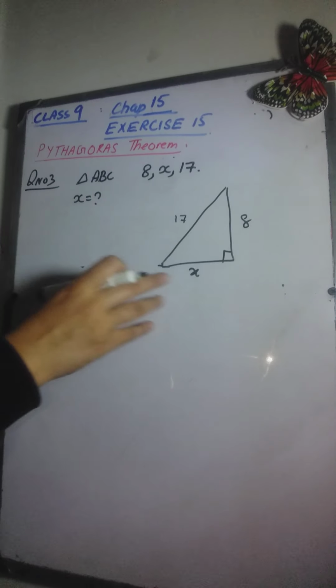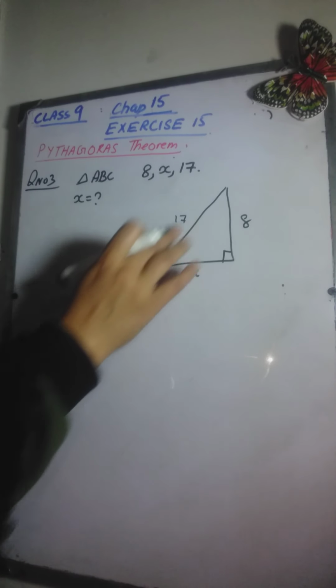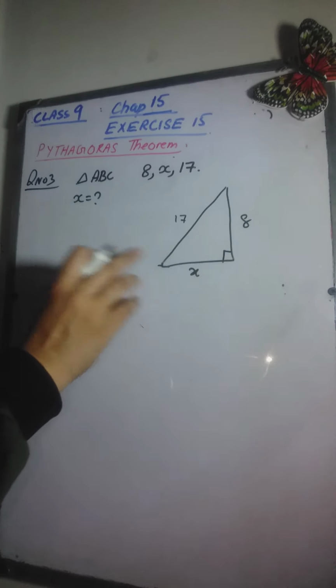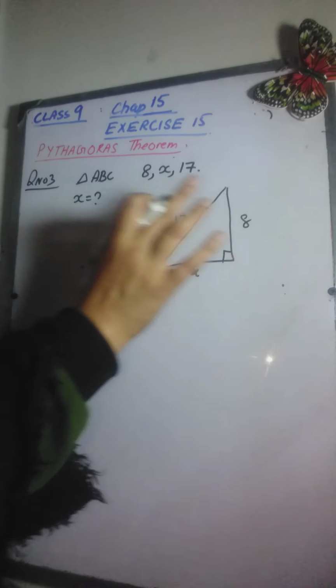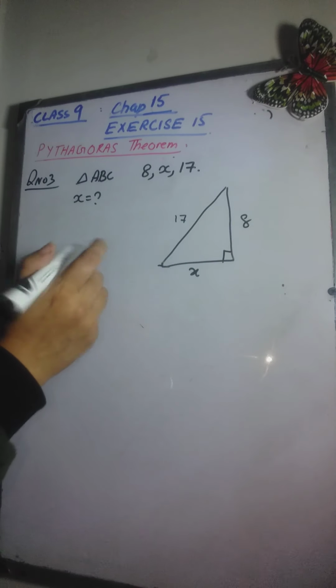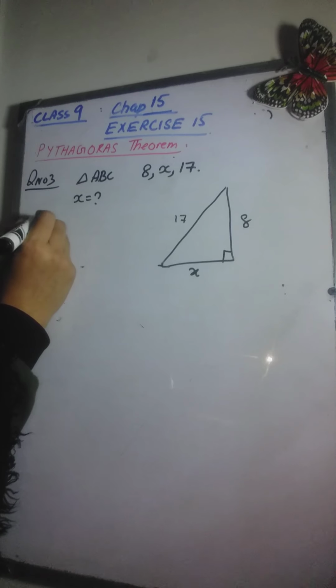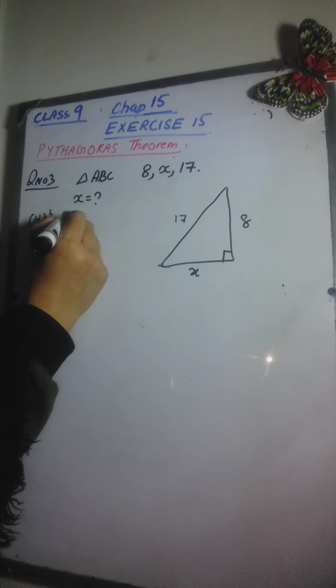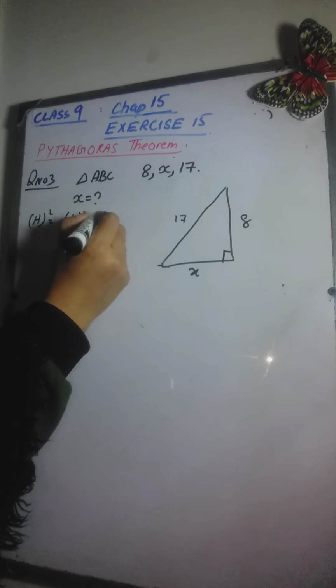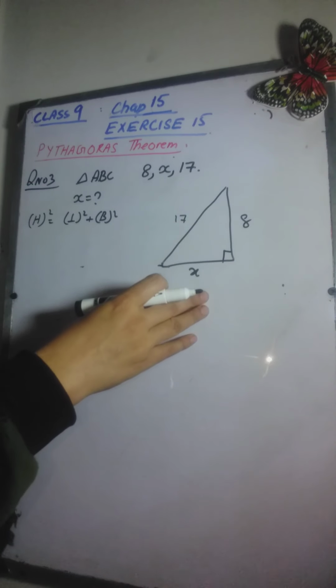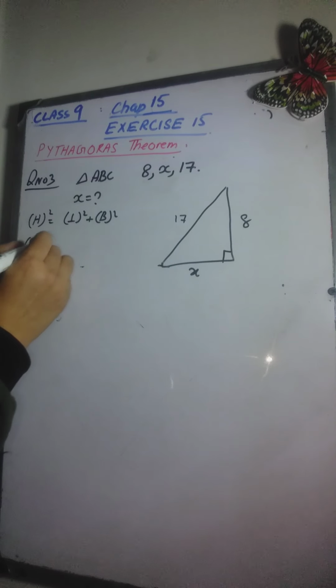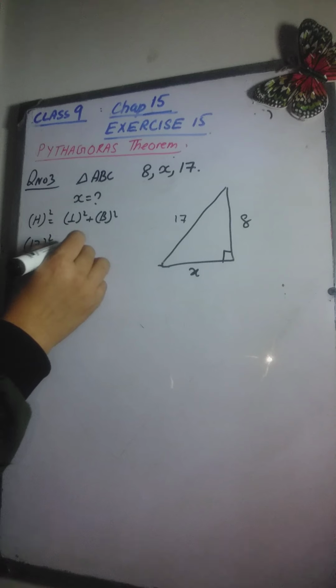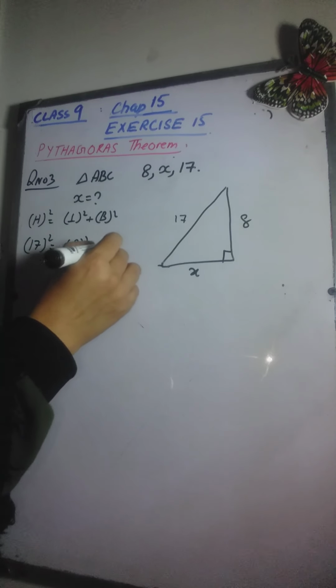Now we want to find the value of x which will make this a right triangle, and it will be a right triangle if these three satisfy the Pythagoras theorem. According to the Pythagoras theorem, hypotenuse square should be equal to perpendicular square plus base square. So 17 whole square should be equal to 8 square plus x square.